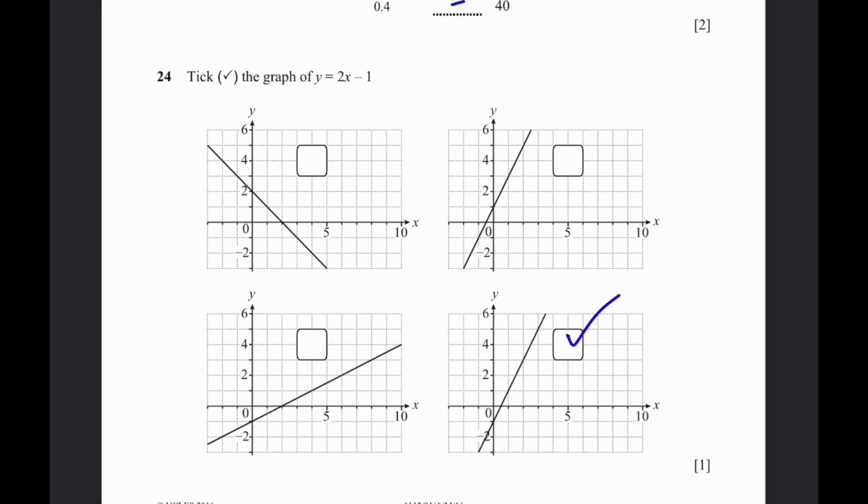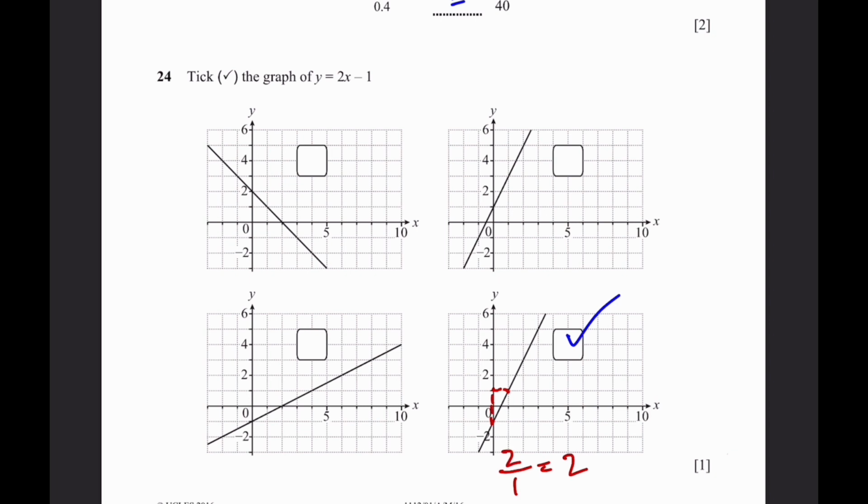Now I'll show you the gradient on the graph. Let's take 2 points on the line. The gradient is equal to rise over run, the increase in y value over the increase in x value, which is 2 over 1, equal to 2.